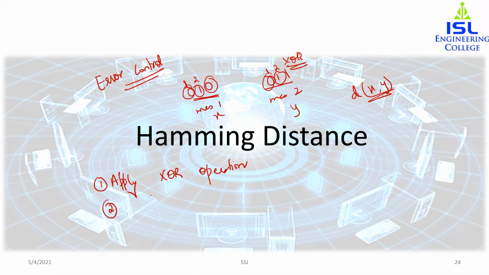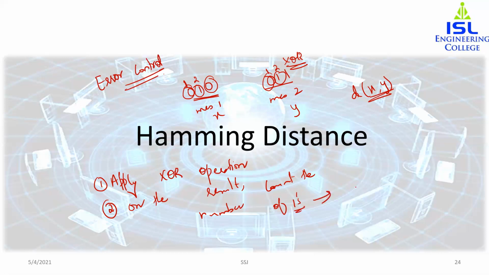Second, when we get the result, count the number of ones in the result. That number of ones will be the Hamming distance. And the value of the Hamming distance is always greater than 0.